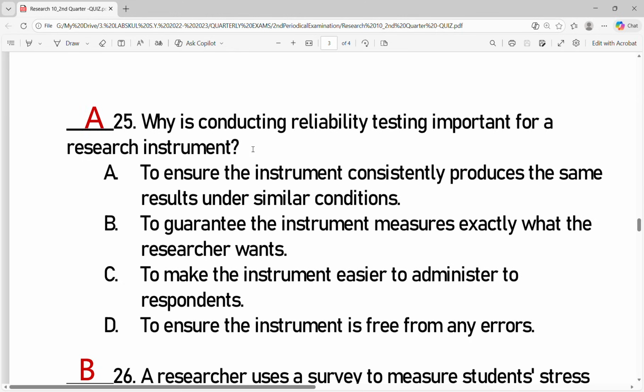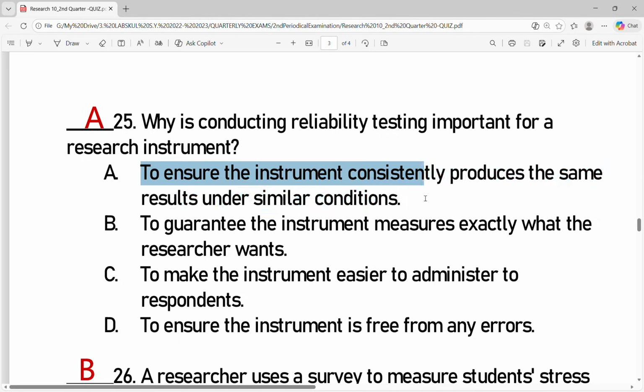For example, your participants are grade 10 students. You use the Slovin's formula for sampling, and if they reach about 30 to 40, then we let them answer our validated research instrument.